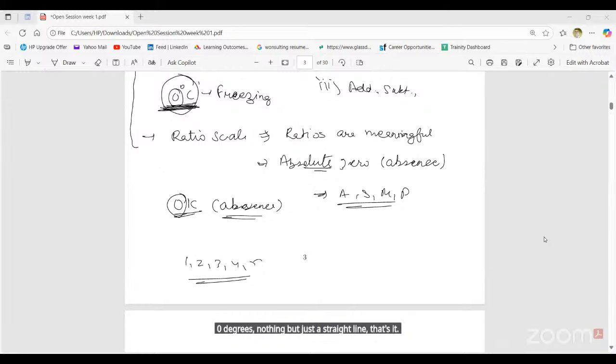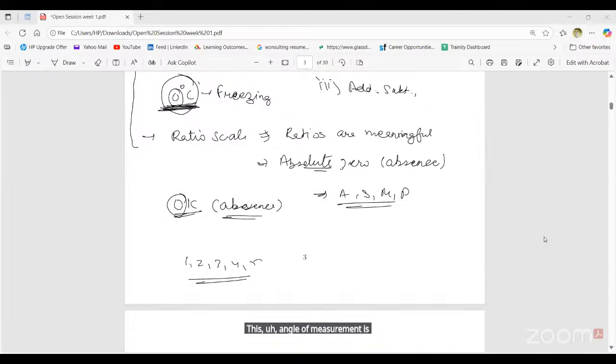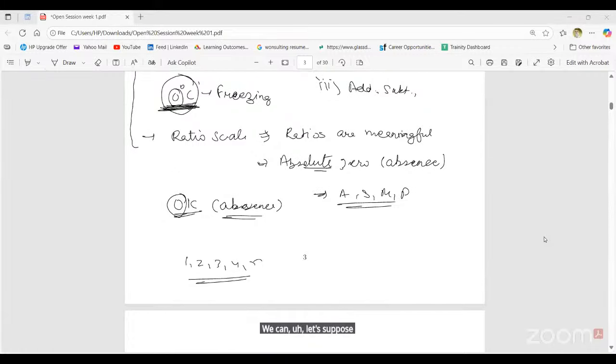So what you are concluding is that the angle of measurement is a ratio scale. Ratio scale. Please confirm that by suggestions of everyone, because I am totally confused with that. See, this angle of measurement is a ratio scale of measurement because, let's suppose I'm having two angles, right?